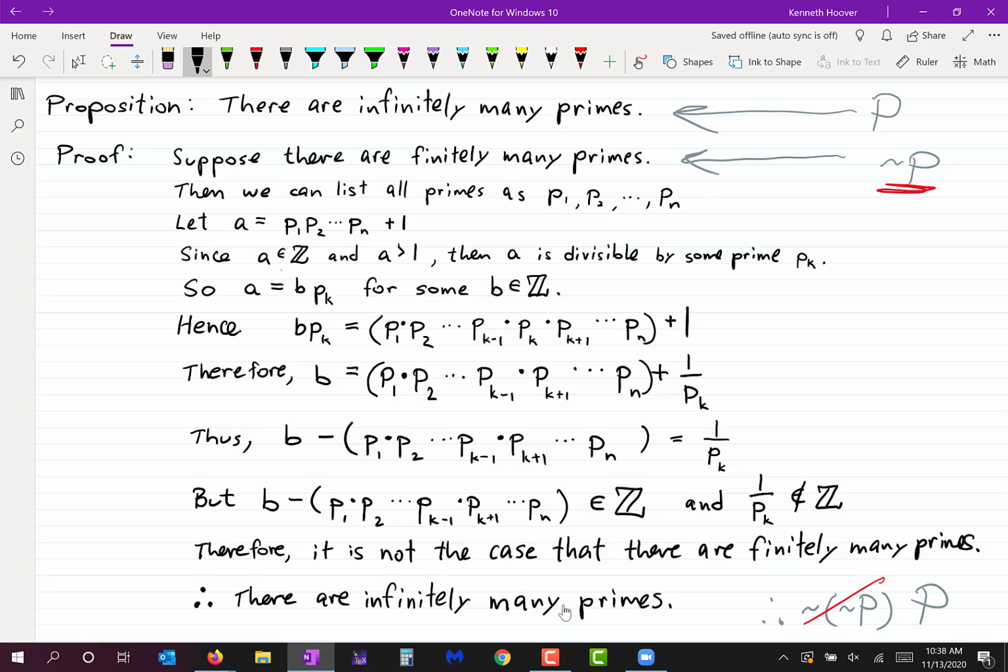Okay, and this proof comes from Leonhard Euler, sometime in the Middle Ages. I don't remember exactly when he lived. I want to say it was the 1700s, but I might be off by 100 years.